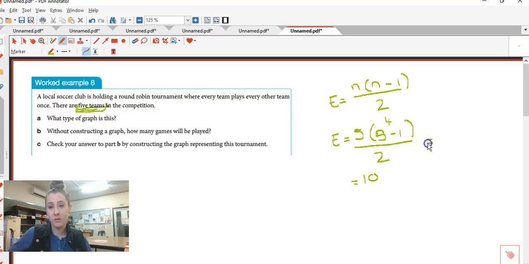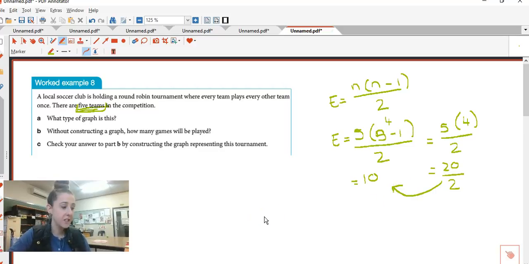So I'll write out the steps: 5 minus 1 gave us 4, so 20 over 2, which gave us that 10. So there'll be 10 edges, therefore 10 games will have to be played.